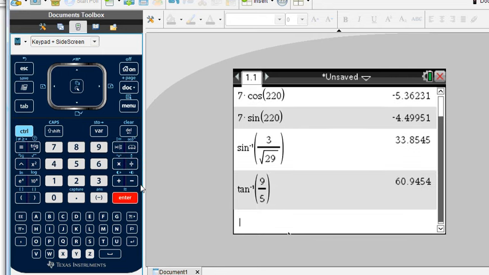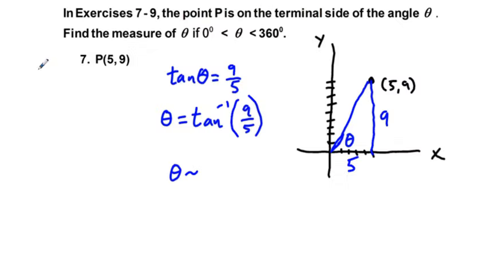And for that we get 60.945 degrees. So going back here, we get 60.945 degrees. And that's going to be the measure of theta.